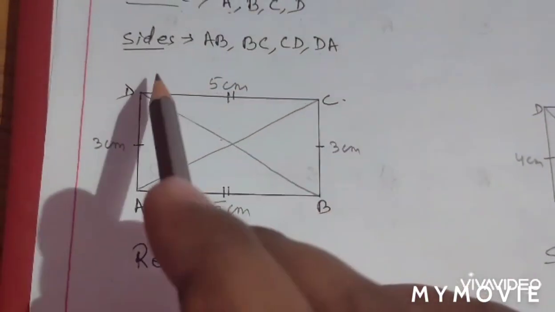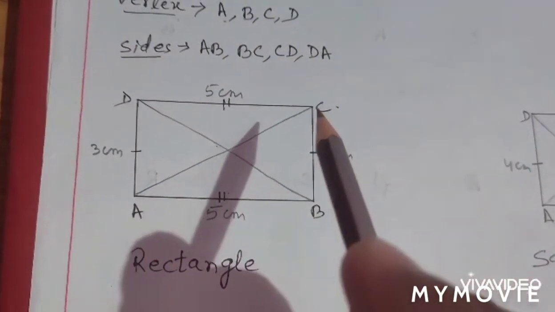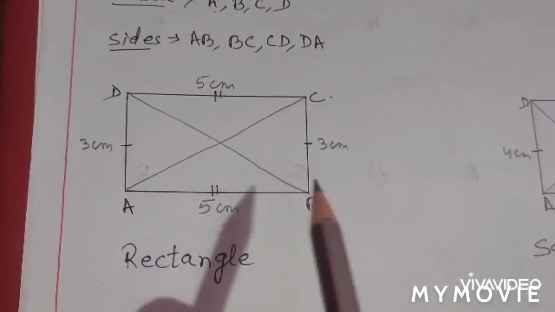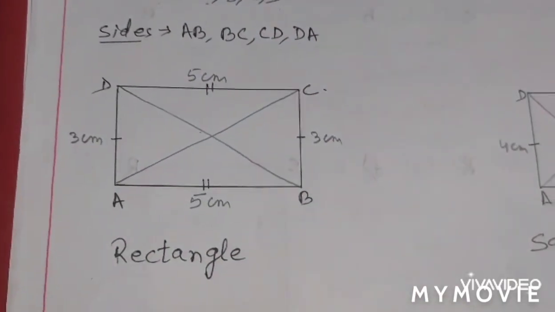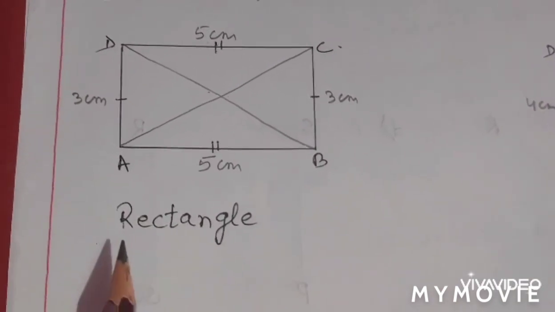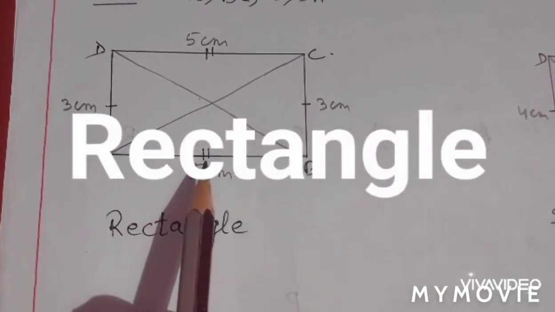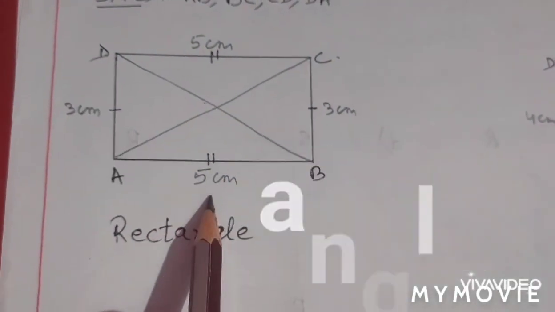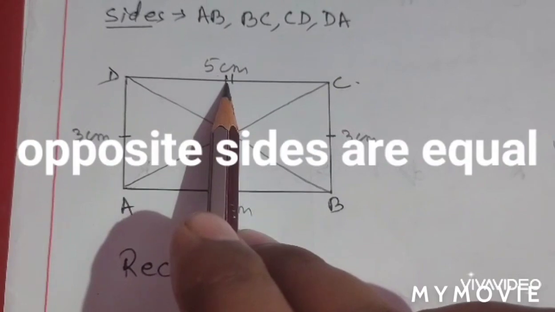This is another, a quadrilateral, in which a four-sided figure has been given. This four-sided figure is your rectangle. In this rectangle, you will find that the opposite sides are equal. Just see, here 5 centimeters, here also 5 centimeters.